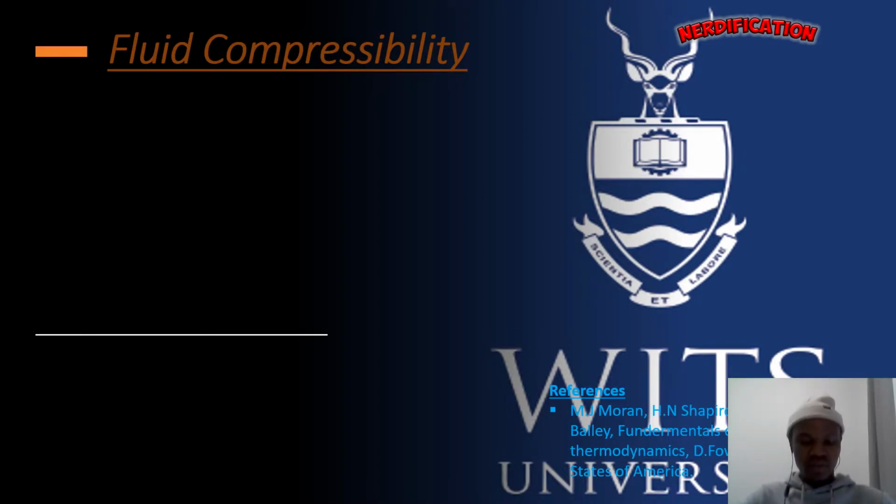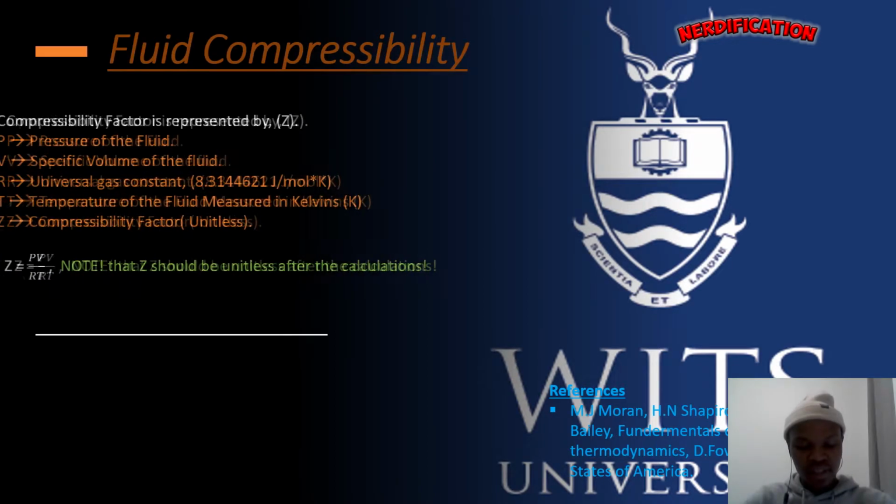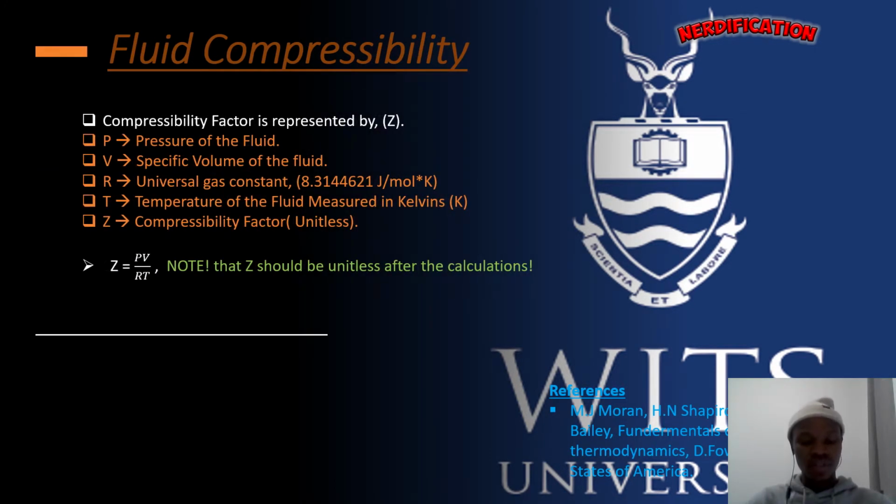From this formula, we have to note that P represents pressure of the fluid, V specific volume of the fluid, R universal gas constant, and T represents temperature, and where Z represents compressibility factor, which is always unitless.